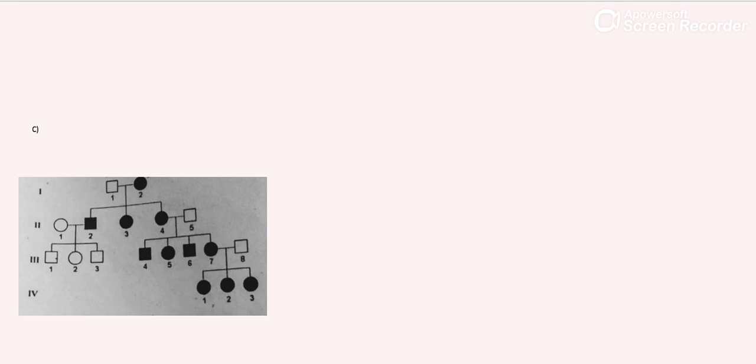And what is mitochondrial? We have already discussed that mitochondrial DNA always comes from the mother.